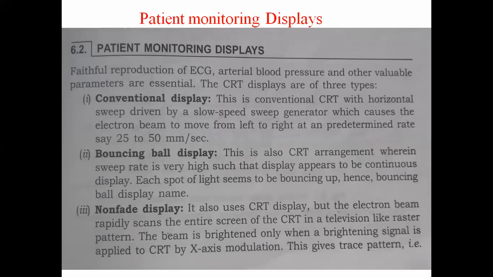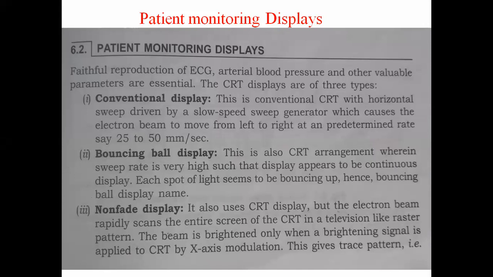The applied signal is given to the vertical amplifier, then to the delay line, and then to the vertical deflection plates. From the sweep generator we can apply the signal to the horizontal amplifier section, and the horizontal amplified voltage is given to the horizontal deflection plates.